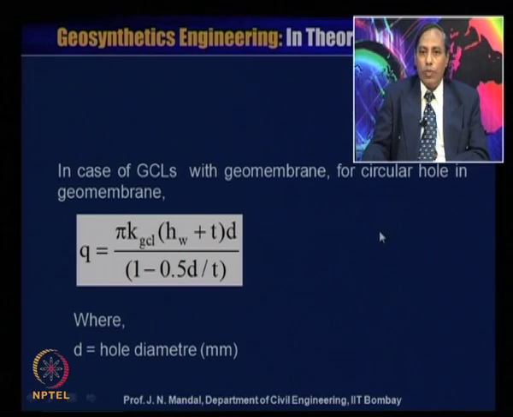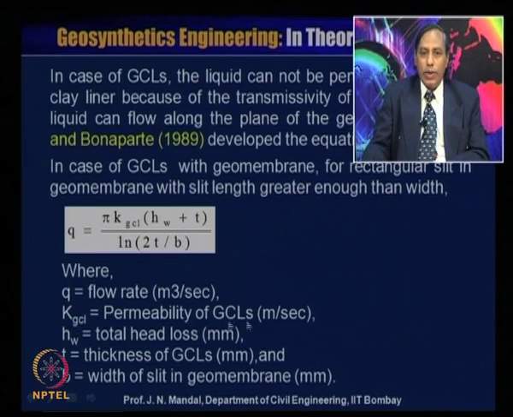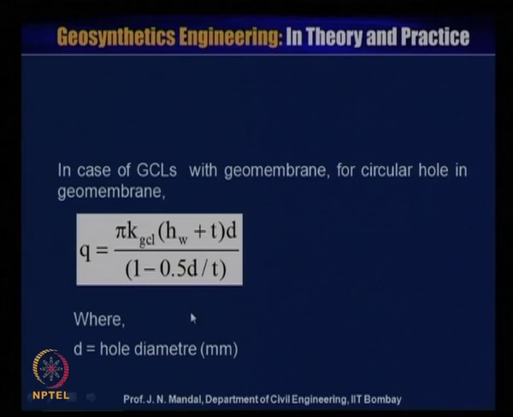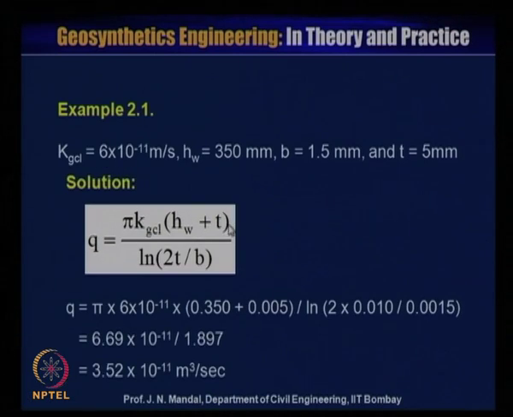So this is a circular hole, but in the other case this is the width of the steel frame B. If it is a circular hole, this is the difference between the circular and the width of the hole in the geomembrane.